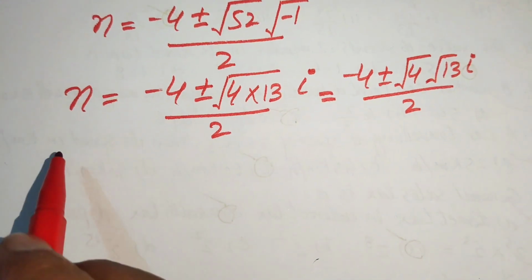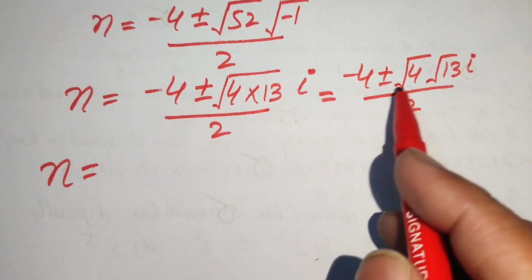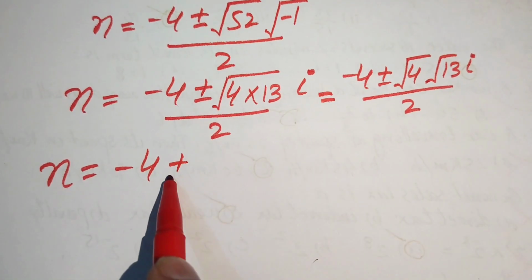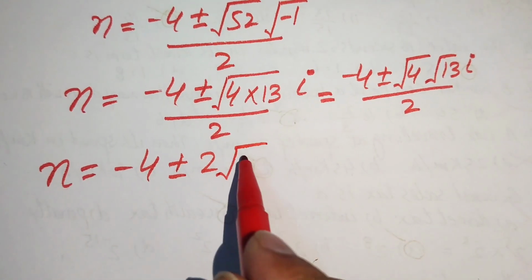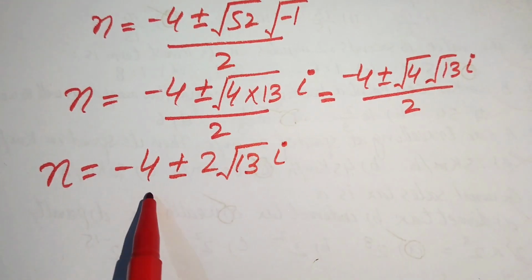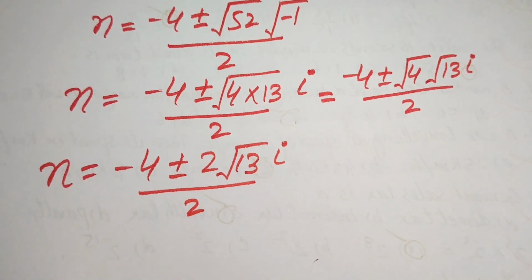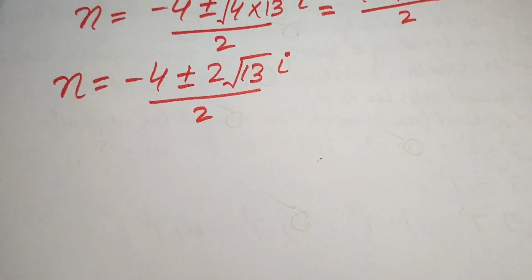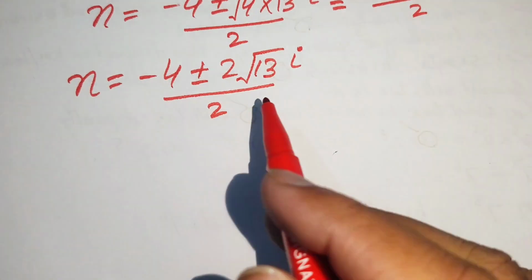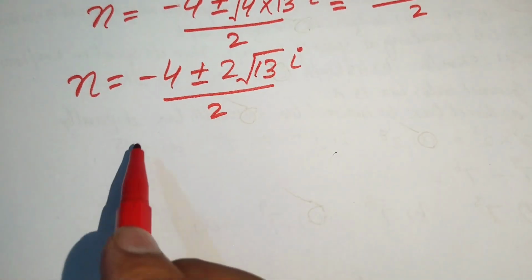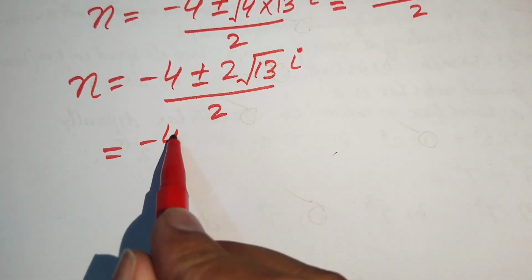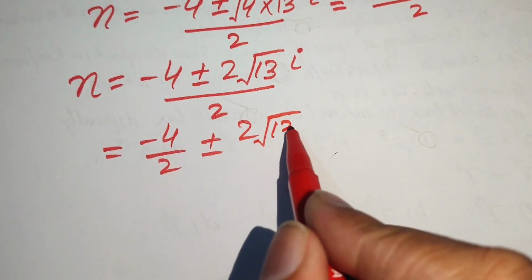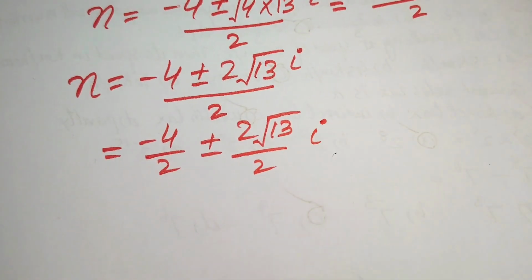Clearly the square root of 4 becomes 2, and we write it as minus 4 plus minus 2 into square root of 13 into iota, divided by 2. Now we break this fraction and write these terms in this form: minus 4 divided by 2 plus minus 2 into square root of 13 divided by 2 into iota.